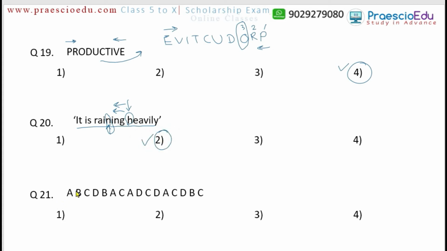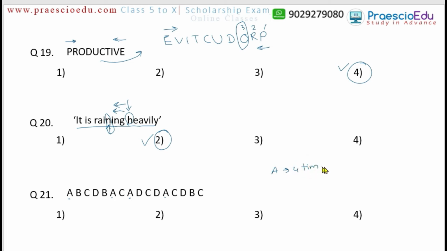Now question number 21. In a given alphabetical series, which letters are repeated the same number of times? We will count the A first. 1, then 2, 3, 4, 4 times. So A is 4 times.